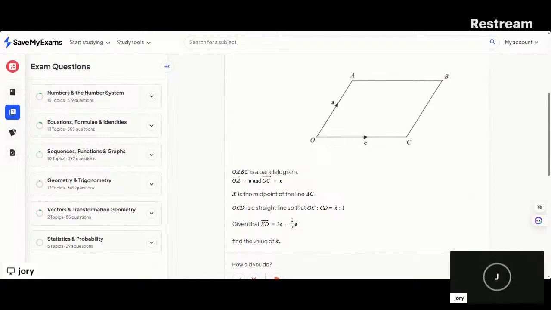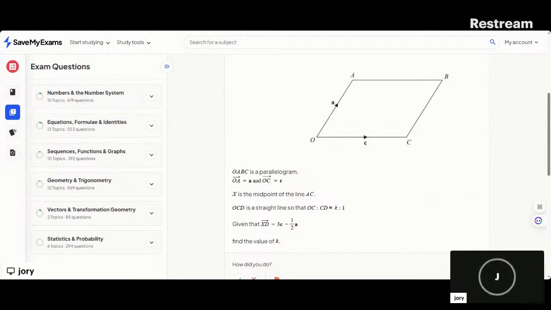Okay, so let's find CA first. CA is CO plus OA, which is negative C plus A, so it is A minus C. Since we found that, divided by 2, it's going to be CX.